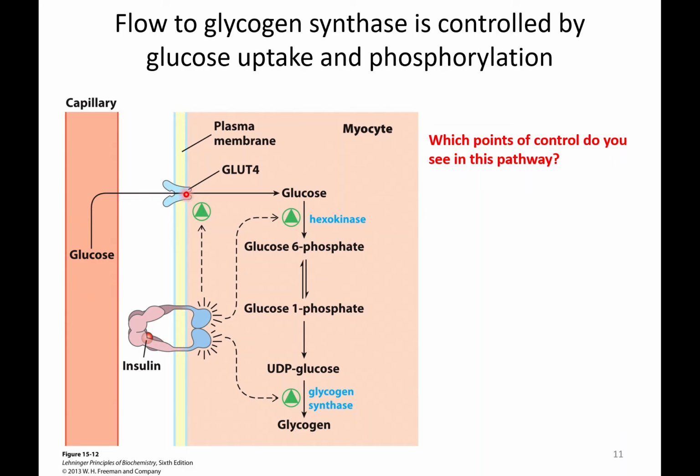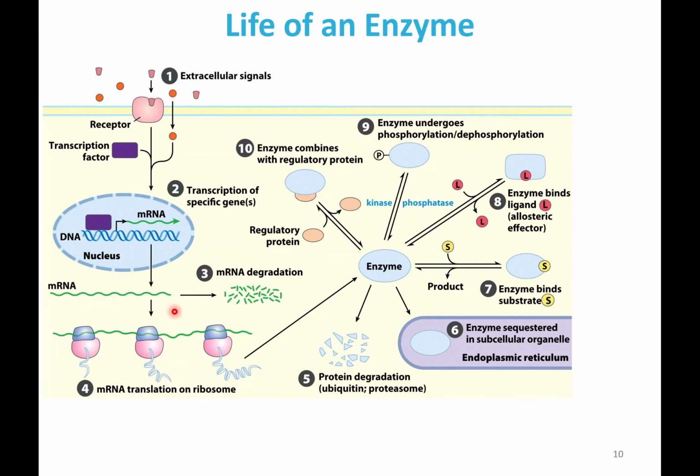And then with the glucose transporter, those are generally already transcribed, but they're sequestered into vesicles. When you get that signal from insulin, then it releases those back into the membrane where they can transport glucose.